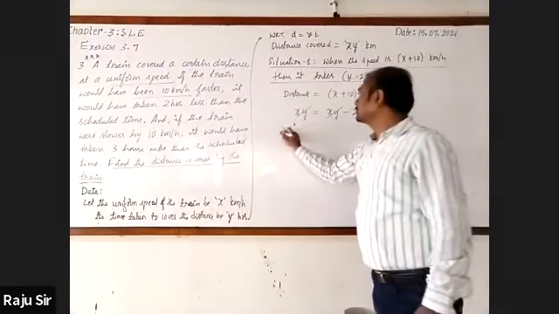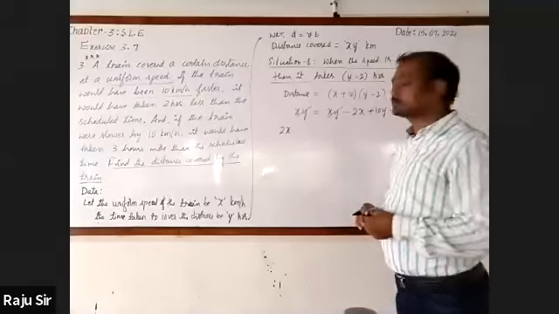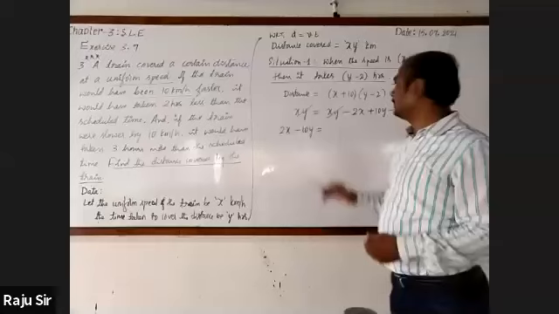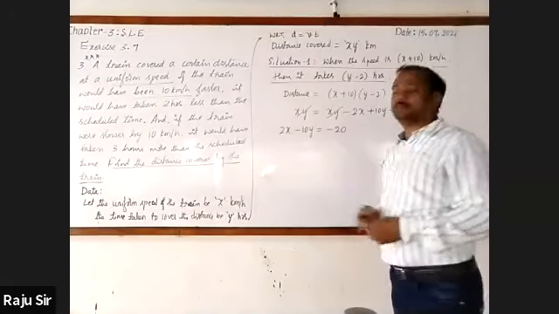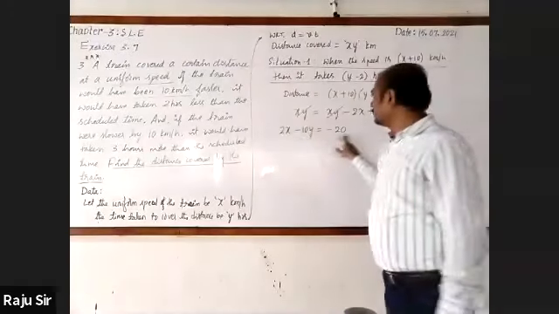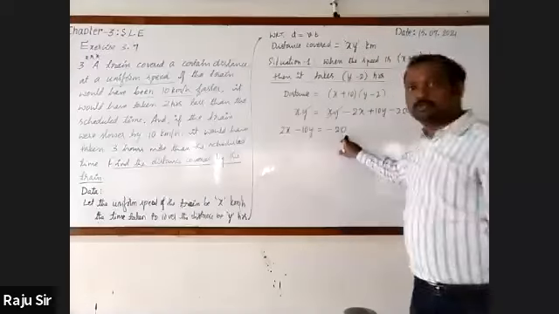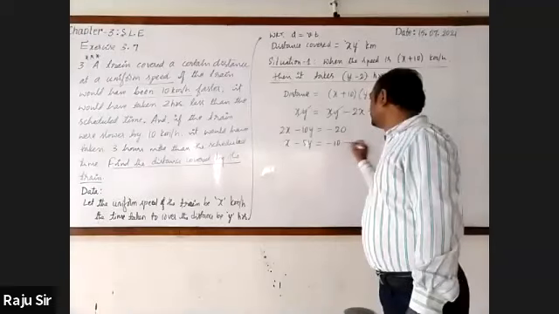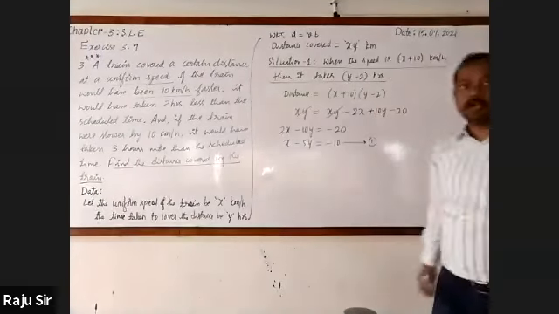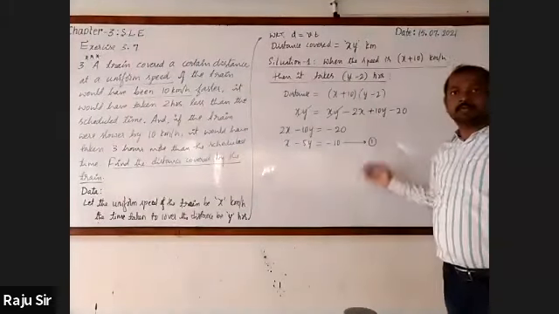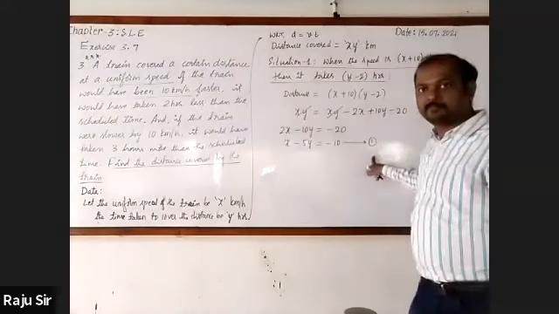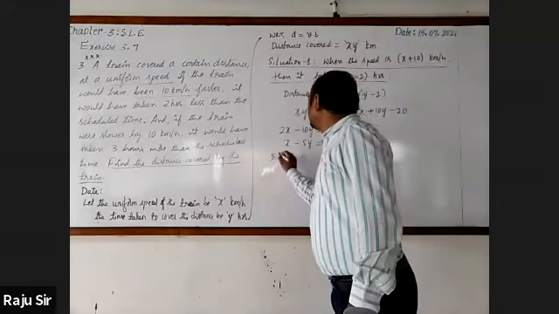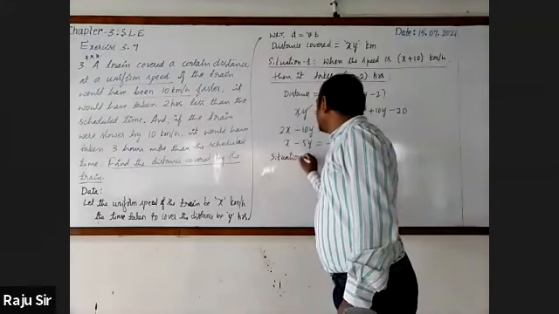Transfer minus 2x to the left hand side, it becomes plus 2x. Plus 10y to the left hand side, it becomes minus 10y. That's equal to minus 20. See, all the coefficients are multiples of 2. Divide them by 2. It is x minus 5y is equal to minus 10. You may call it equation 1. Suman, have you got the same? Yes, sir. Okay. Right.